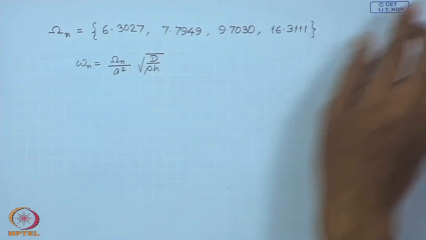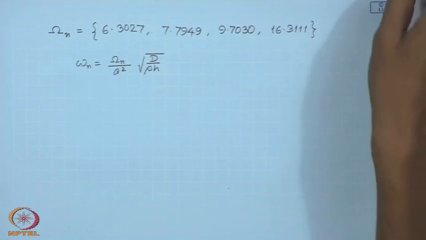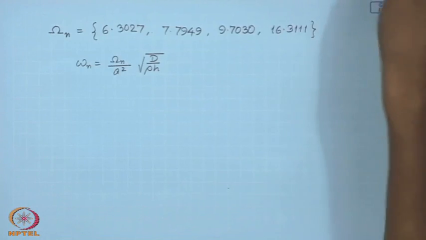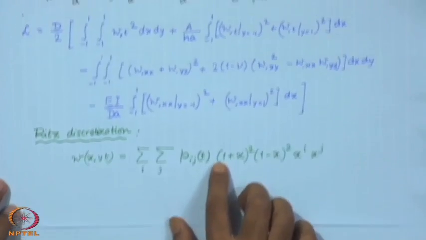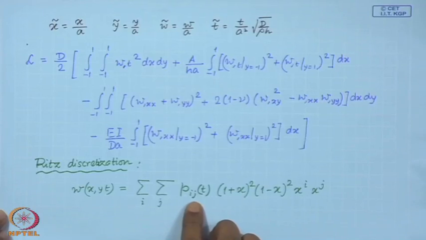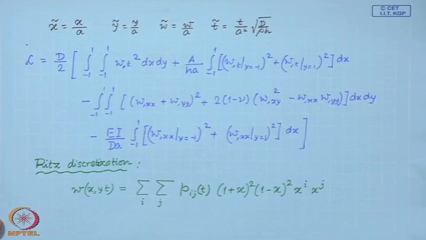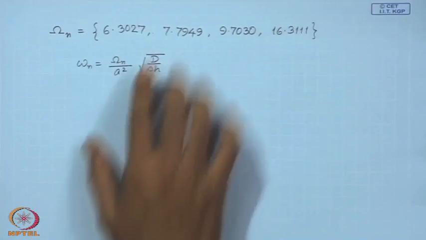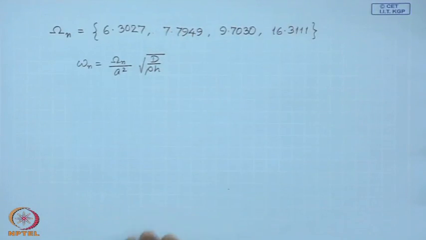Now, once you have the eigen functions, which are obtained once again from this expansion by calculating the eigen vectors of the discretized system, you can determine the modes of vibration of the plate.